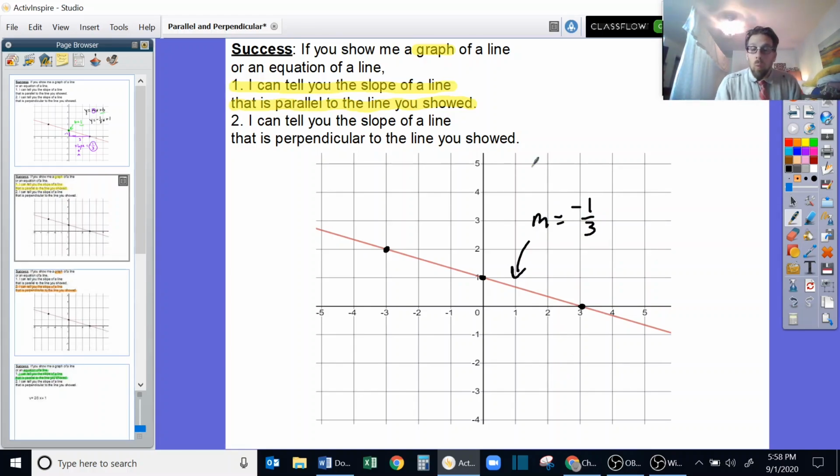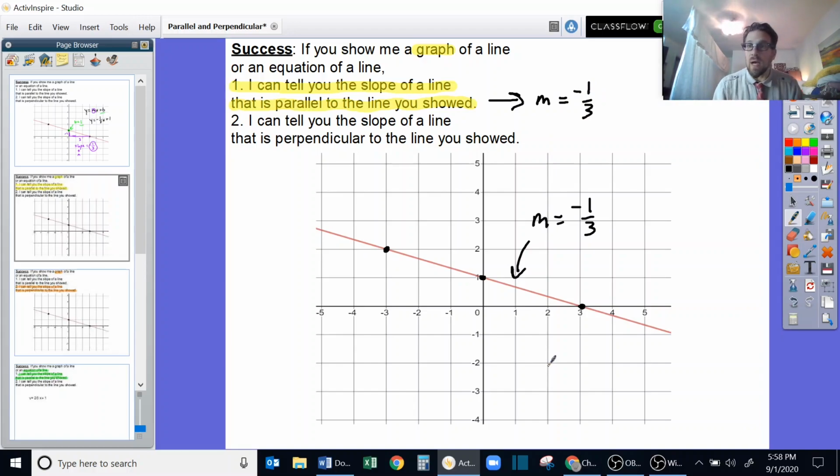So we know that any line that's going to be parallel to this is going to have that same slope number. So a line parallel to this line would have a slope of negative 1/3.